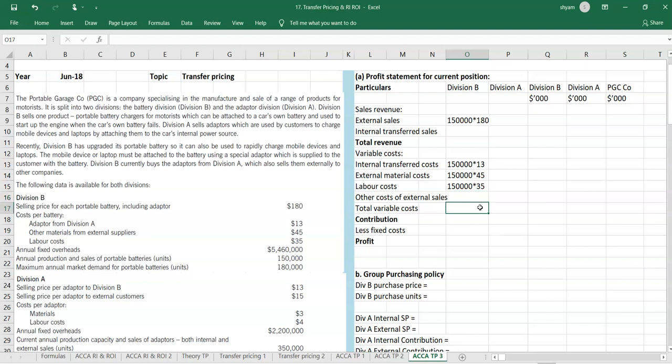And is there any fixed cost? Yes, there is a fixed cost, so we'll put that also. So fixed cost is going to be, okay, we'll do all the numbers in terms of full numbers itself. We don't need to cut anything. So it is going to be 460,000. So let's take all the numbers and we'll get the answer.